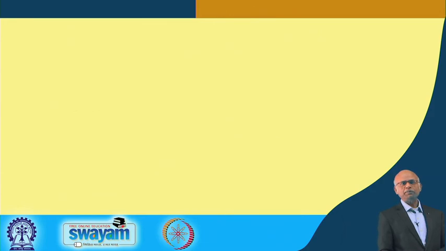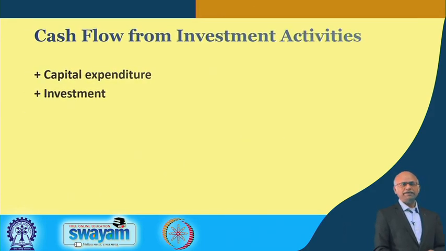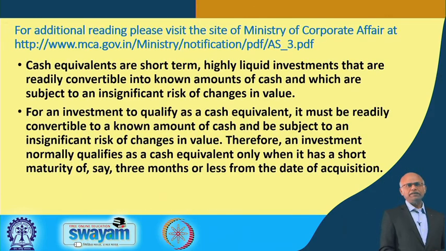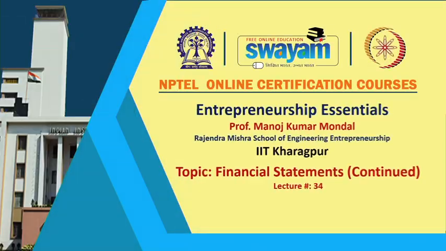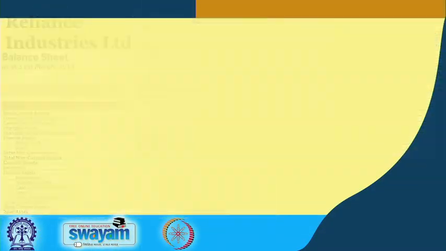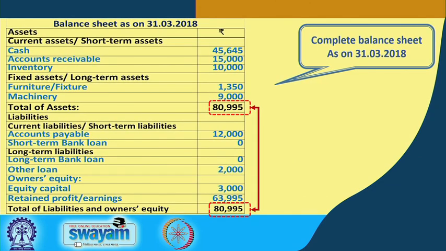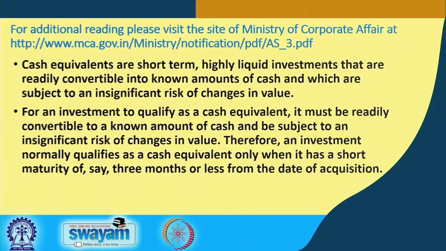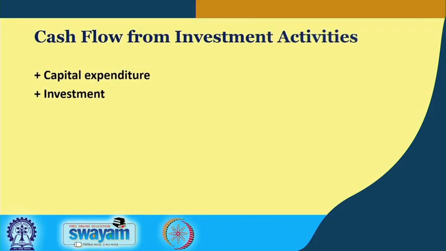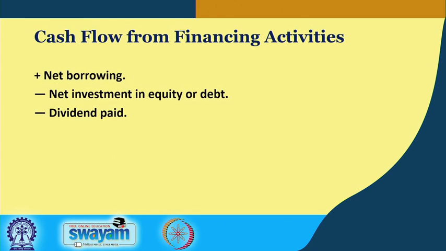Let me go back to the balance sheet for a second, and then we will show that this same 45,645 rupees is the balance sheet data. See the first data, 45,645. So, the data we receive from the cash flow statement is the balance in the cash flow statement.